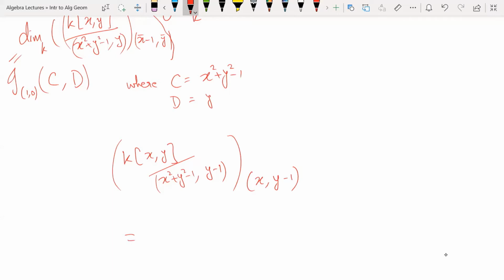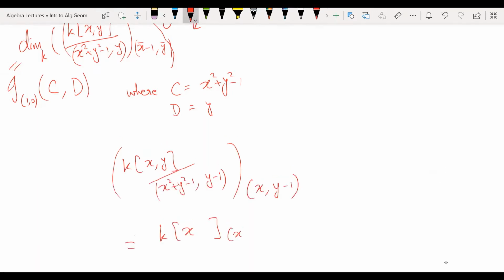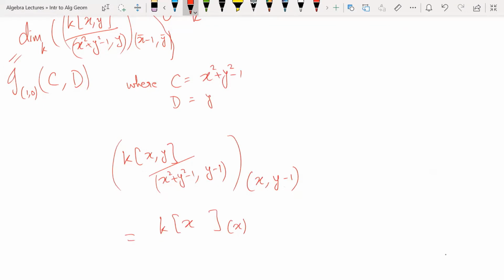Maybe I'll localize first and then quotient out, then it's slightly simpler to write k[x,y] mod (x, y - 1). So y is equal to 1, so I can forget about this and set y equals 1. So y minus 1 is in the kernel, and you have to go mod this equation, and if you plug in y equals 1, y² - 1 is 0.